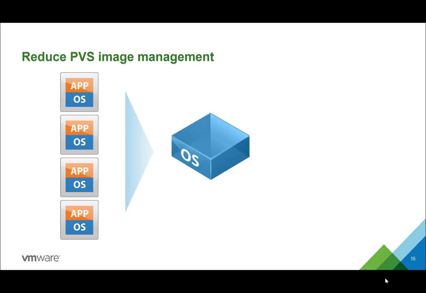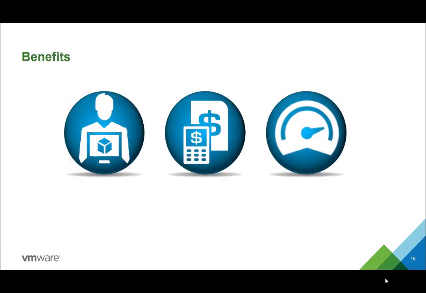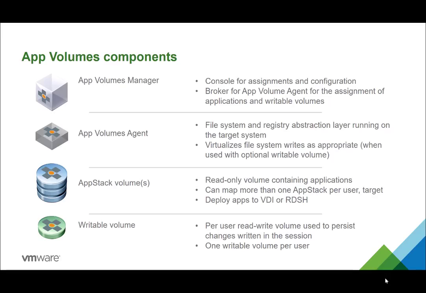And if you're using PVS for your image management, using AppStack can also help in reducing the number of images that you have with PVS. Again, it allows you to horizontally scale out your XenApp farm, lowering the management overhead.